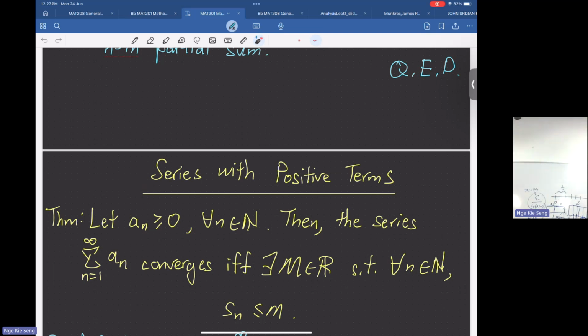We can give a necessary and sufficient condition here. What is it?